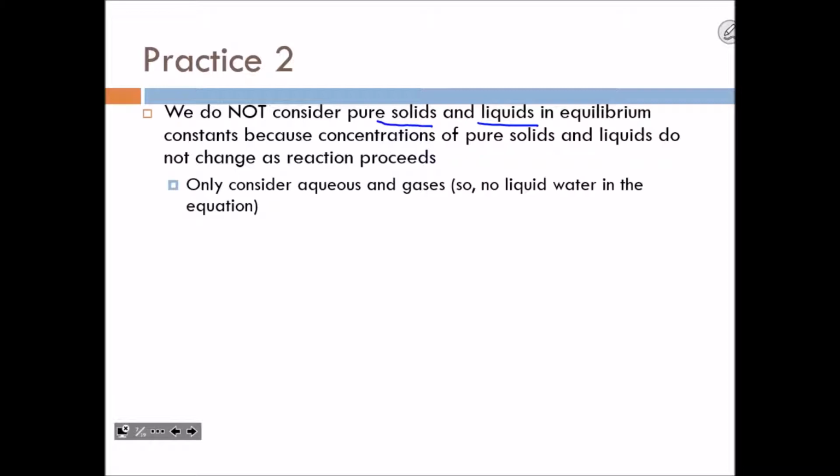You remove some of the particles, you remove some of the volume, then you still have the same amount in terms of concentration and particles per space, okay? So the only thing you would include in an equilibrium expression is going to be aqueous and gases. So anything that's aq and anything that has a g next to it gets included. Anything with an s or an l, you exclude from the equilibrium expression.